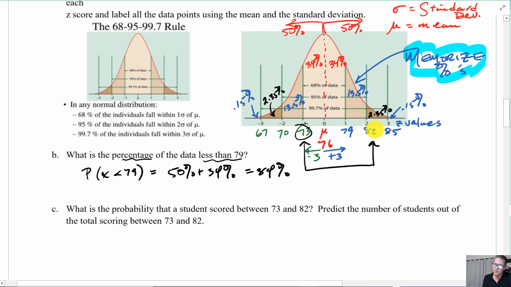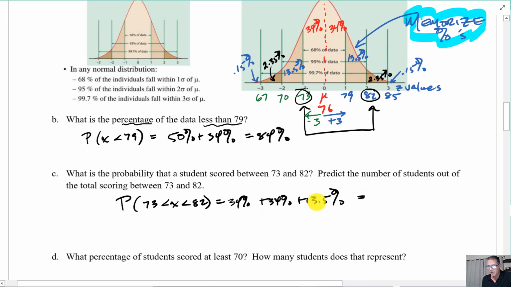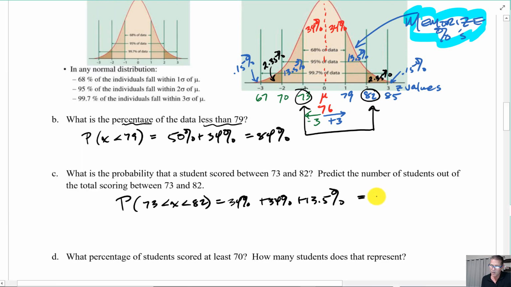So the probability that you're between 73 and 82, which is mathematically written like this, can be found by taking 34% plus 34% plus the 13.5%. So 68 plus 13.5 sounds like 81.5.